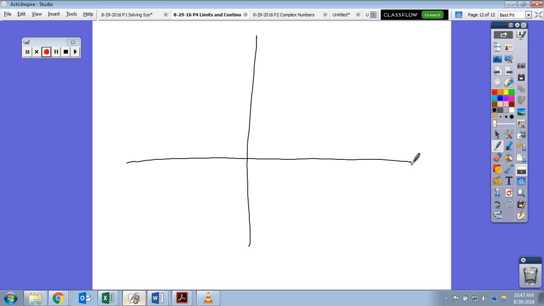And the answer is not necessarily. Let's say the horizontal asymptote is the x-axis, and this is your function. This is not discontinuous. It goes from negative to never positive.